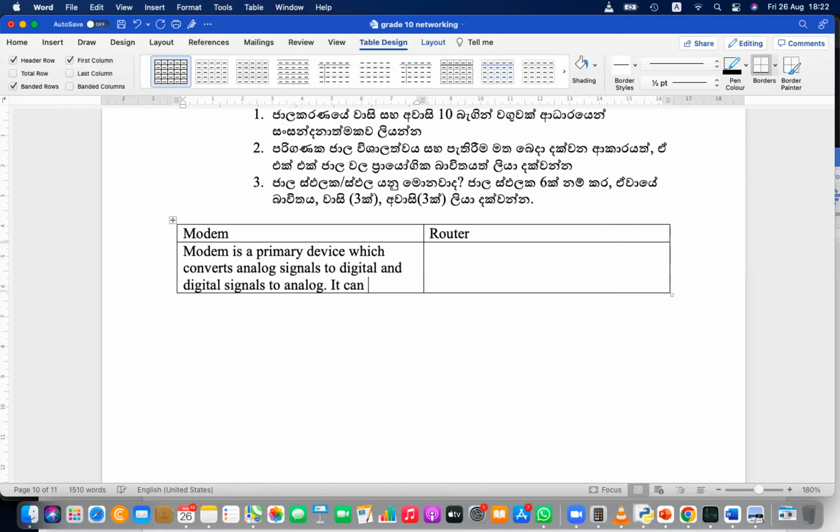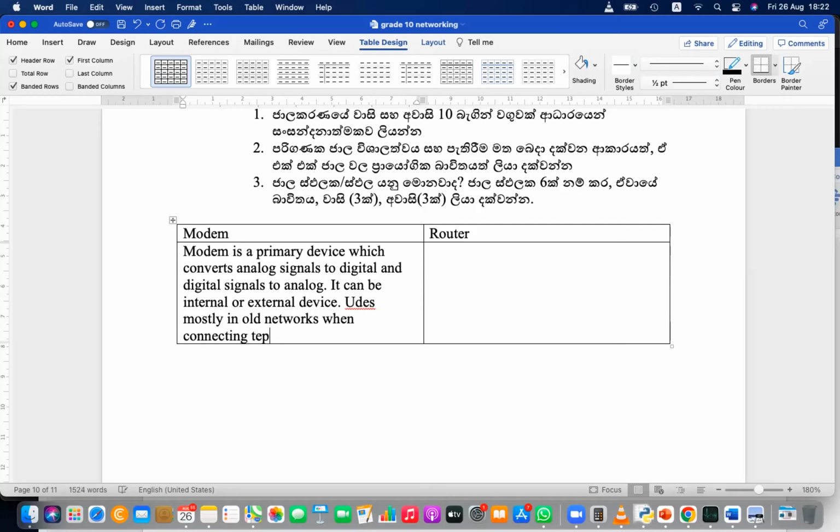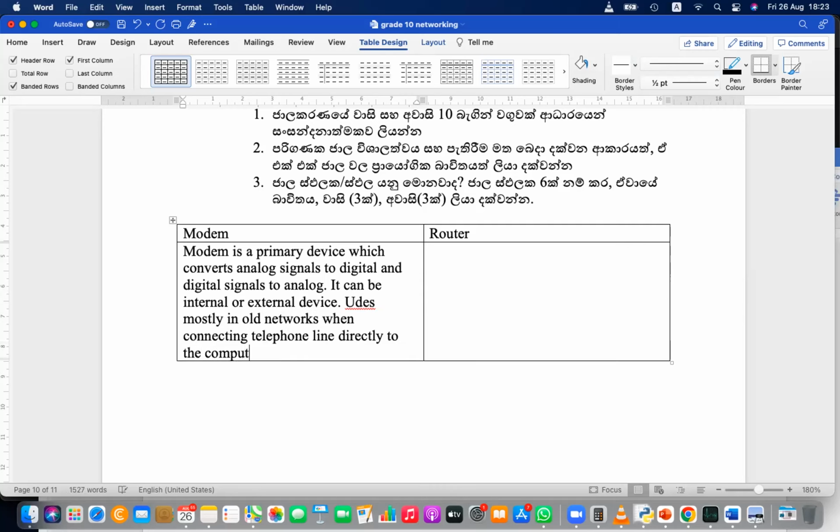It can be an internal or external device, used mostly in all networks when connecting a telephone line directly to the computer for internet access. So these are the facts.